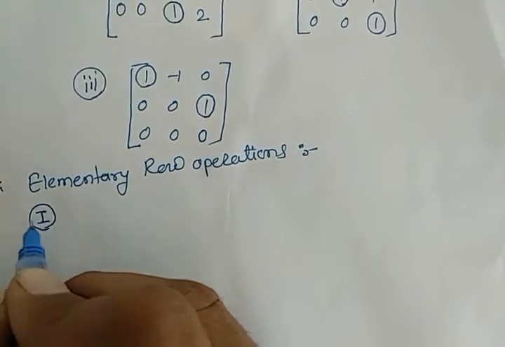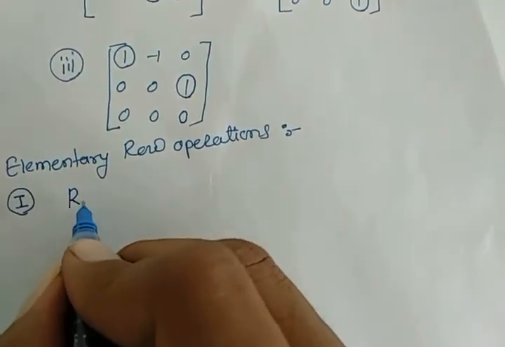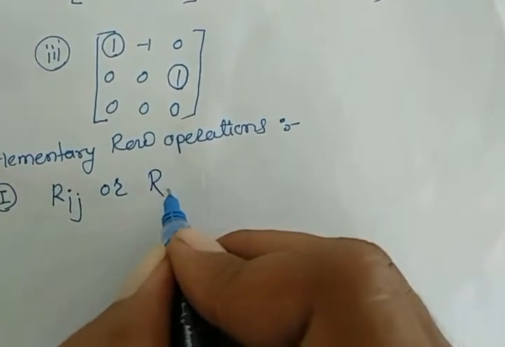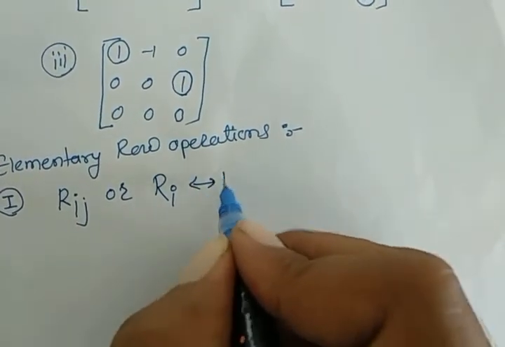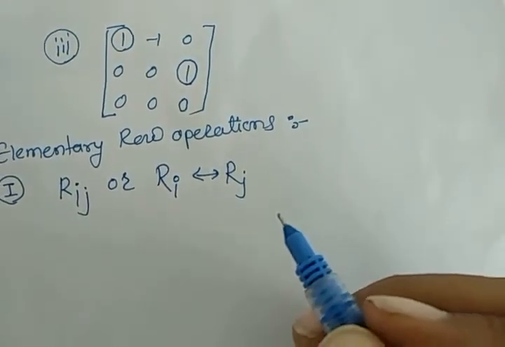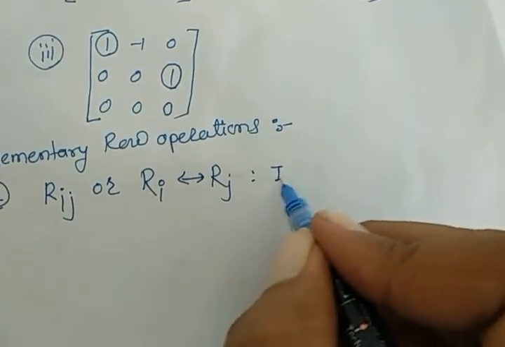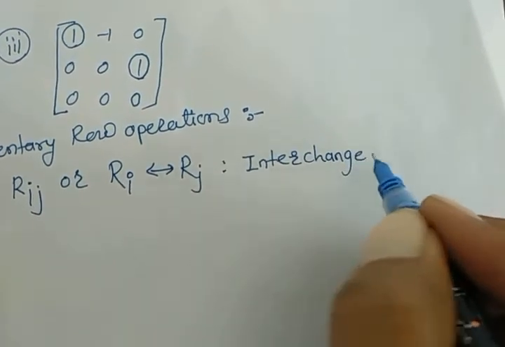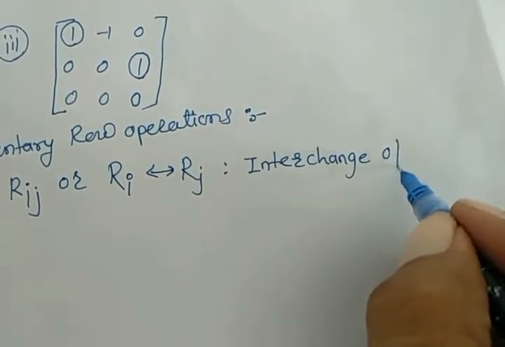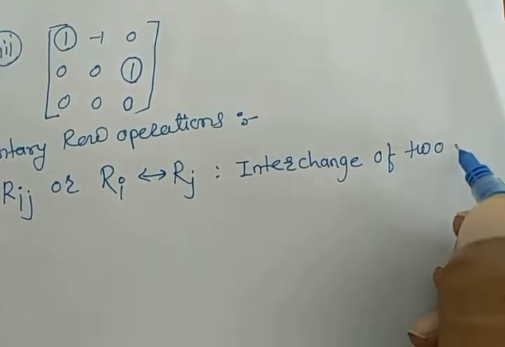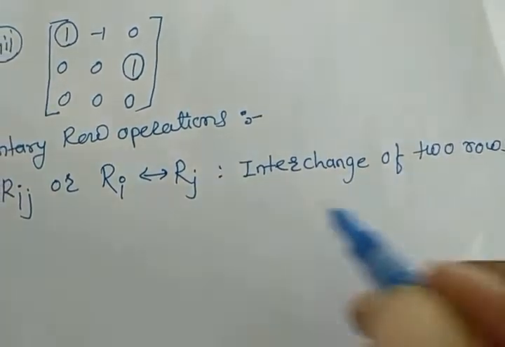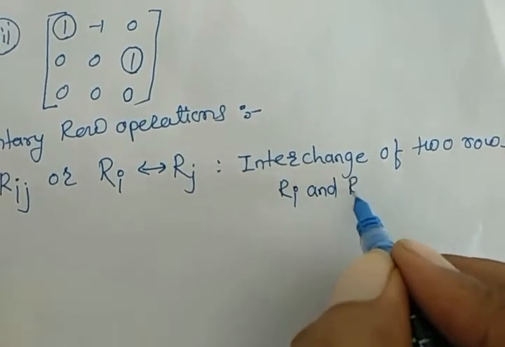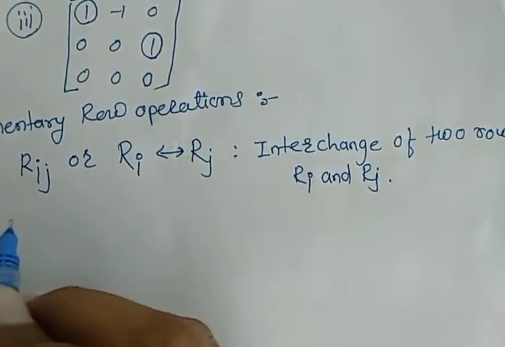The first row operation is Rij, or it can be written as Ri implies Rj, which means interchange of the two rows Ri and Rj. Okay, this is the first operation.